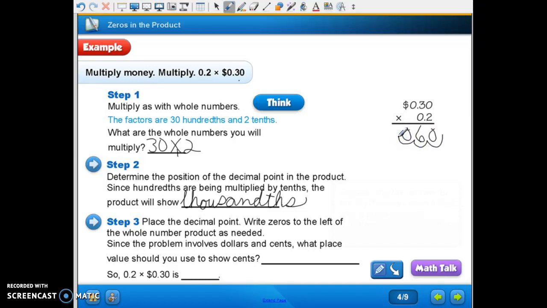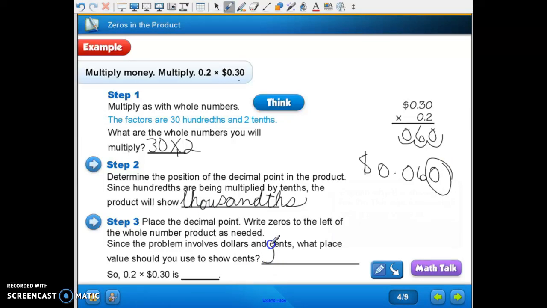Now, since we're writing this as money, what is that going to look like as money? Because my decimal has to be here. When we write something as money, do we have this 0 out here? No, and we can always drop a 0 to the right, and it doesn't change the value of the number. So what value should you use to show cents?